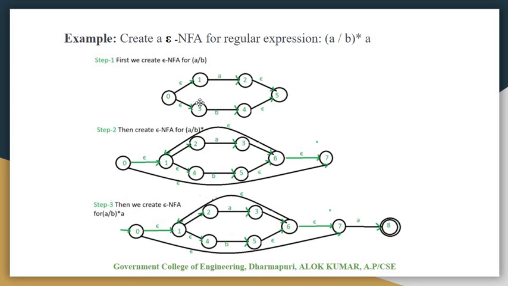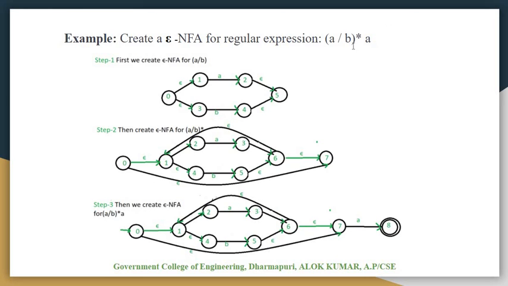Like this we have found the epsilon NFA for A or B. Now if we want to find the closure of A or B, how will we do it? In this manner, this state we have added with this one, and this one is the final state. Here after that from 6 we are making one transition using the empty string. So this one is the closure of A or B.